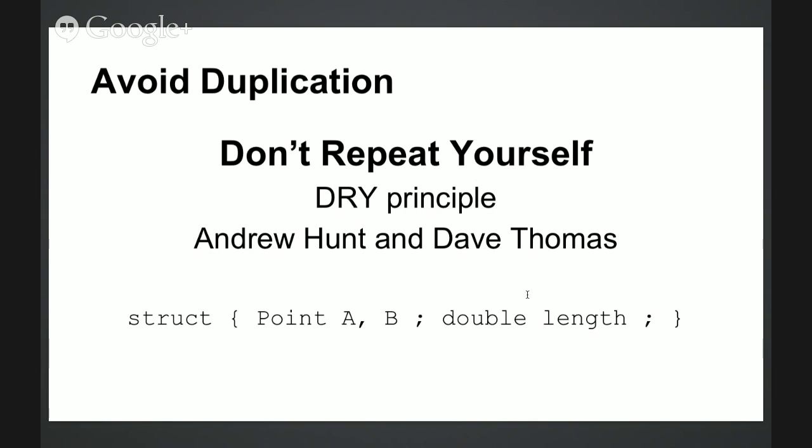If you are reading an input file, and from this data you just take a subset of data and pass it to another function, you are duplicating code. And one case here, the structure: you have a structure with 2 points, and you also save the length in the structure. So if you modify the point, the length will not be updated. Duplication of code. So duplication is not as simple as just copying and pasting code.